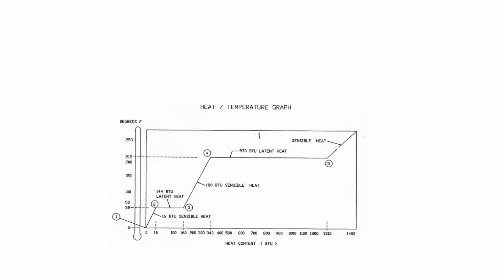So, while ice is melting, all the heat energy you supply is being used to separate molecules, and none is left over for raising the temperature. The heat needed to change a solid into a liquid is called the latent heat of fusion. Latent means hidden, and latent heat of fusion refers to the hidden heat involved in making a substance change state from solid to liquid or vice versa.